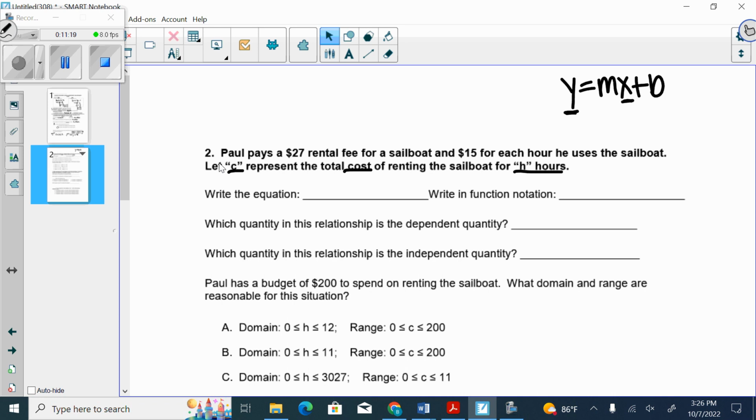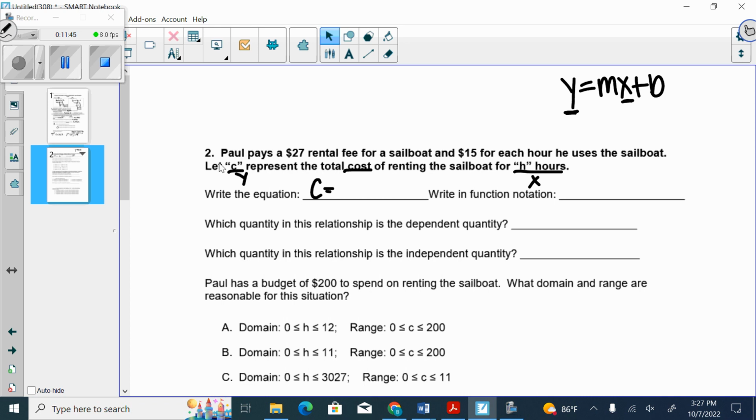And we said time is usually going to be our what? Our independent, which is which letter? X or Y? Very good. So that would make this my x, and that would make this like my y, right? So if I normally put y equals, what letter is representing y? C. So I'm going to have C equals.